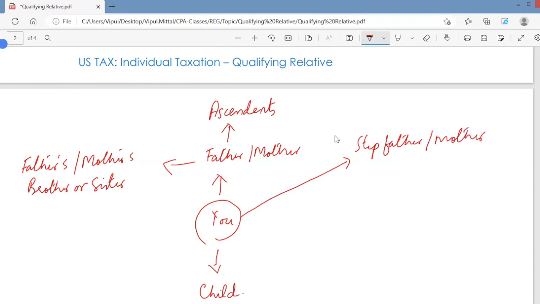You can claim your brother or sister as your qualifying relative. You can claim your brother's son, your brother's daughter, or your sister's son, or sister's daughter as your qualifying relative.